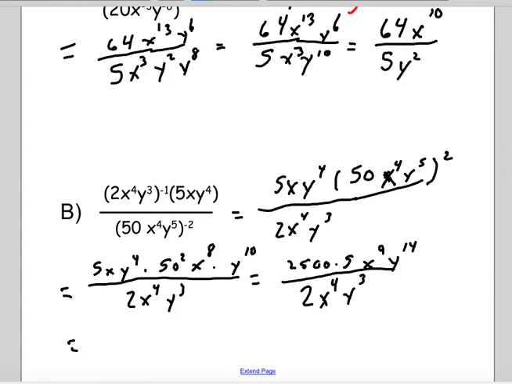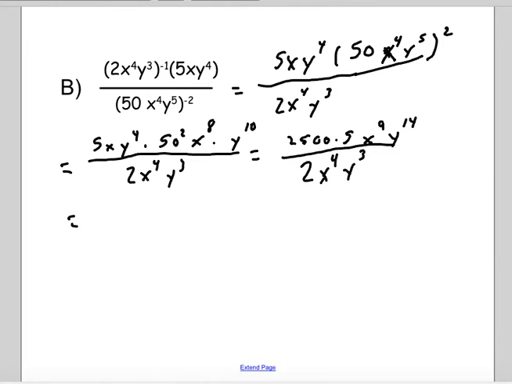All right, so let's keep going. We're getting there. I think I might need some more room here. See if that works. That's better. All right, so 2,500 times 5 there. We could even reduce that down if we wanted to.